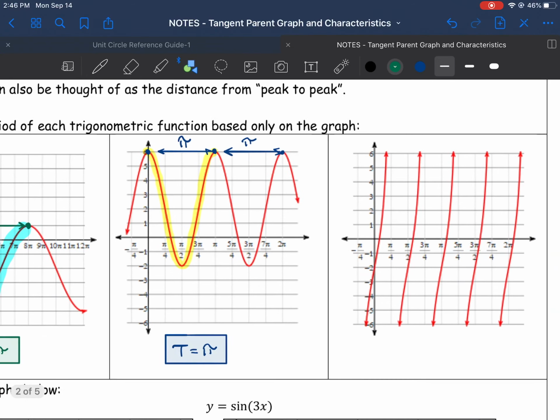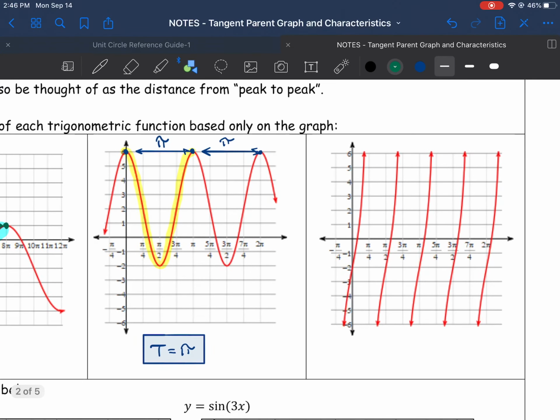All right, now we have what looks to be a version of our tangent graph. So let's look for parts that we can see here. I can see a point here at 0, -2. I can see a point here at 2, -2. And it looks like we're going from 0 to pi over 2. So this horizontal distance is pi over 2. And that would be the same distance all the way across.